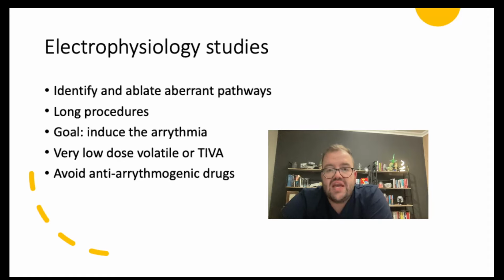I induce the tachyarrhythmias with either ephedrine, adrenaline, or dobutamine boluses to get a tachy, and they sometimes stimulate the inside of the ventricular atrium to get the tachy, and avoid antiarrhythmogenic drugs. So don't give these guys beta blockers. Don't give a lot of analgesia. Don't make them too deep, okay?